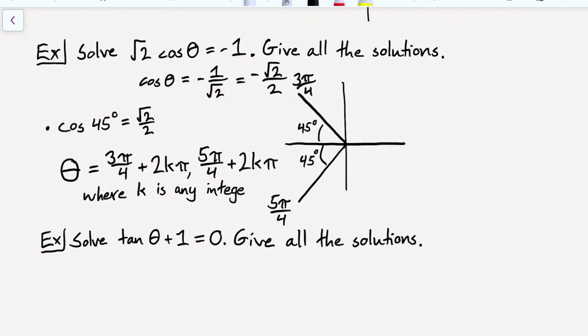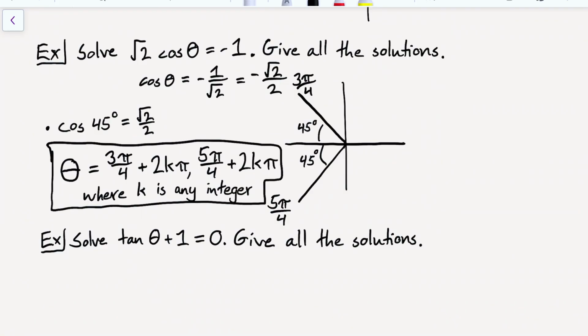It could be 0, but it could also be 1, negative 1. Any multiple of 2 pi will give us a coterminal angle that is also a solution to this equation. Here are the general solutions to our trig equation.